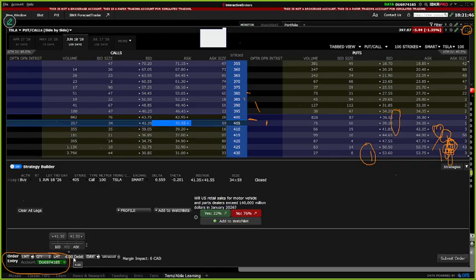So put four, limit where it says limit. Type it, 4.0, just 4.0. That's four. Enter.